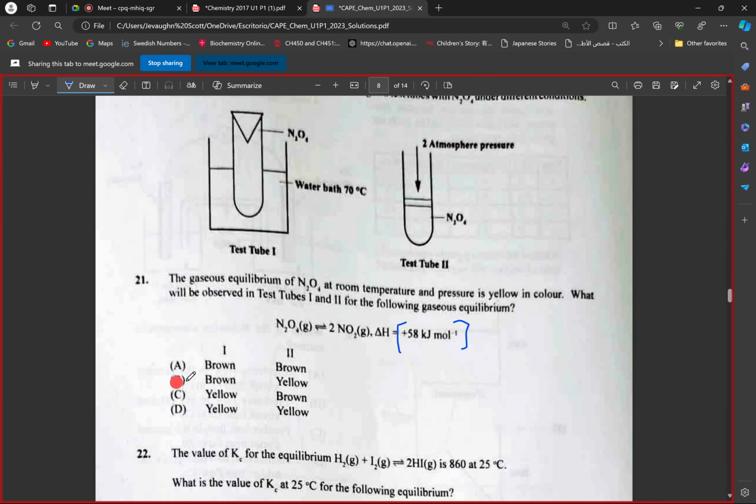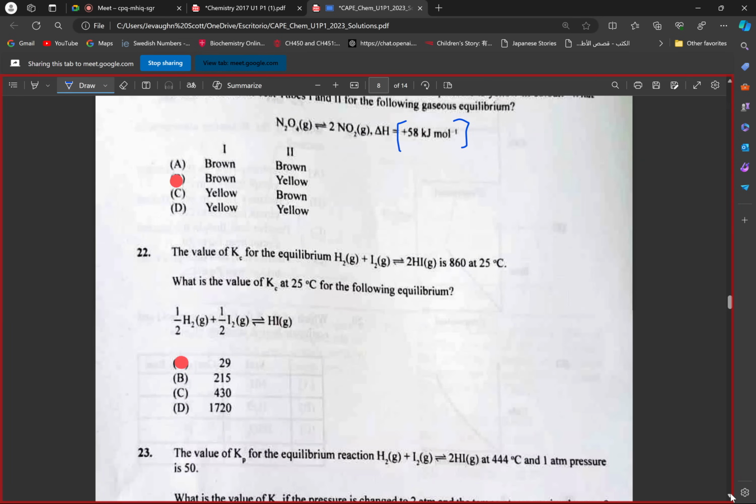We're going to get B. Remember, if we increase the pressure, we move to the side with the higher number of moles. And if we increase the temperature on an endothermic reaction, we drive the reaction toward the products. So that's what we have there.